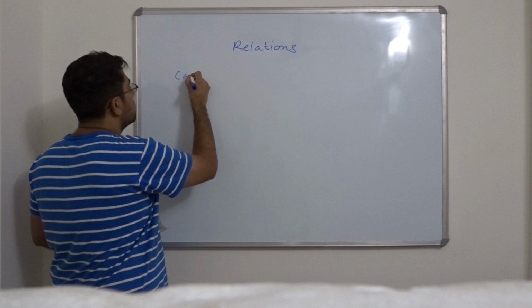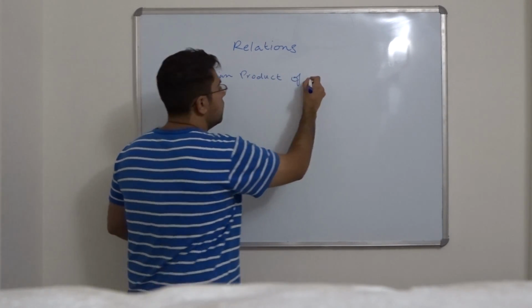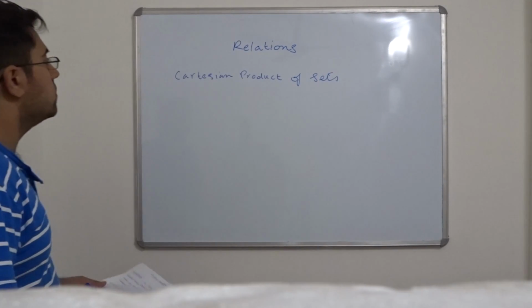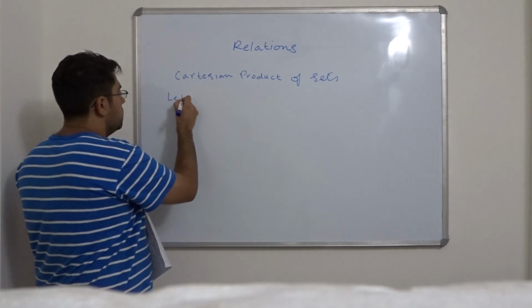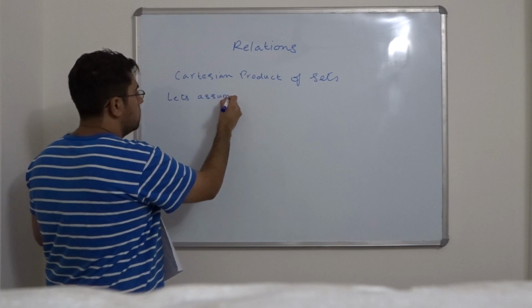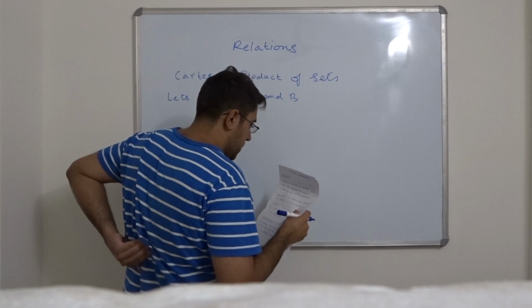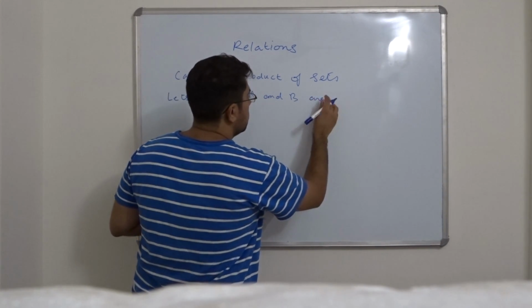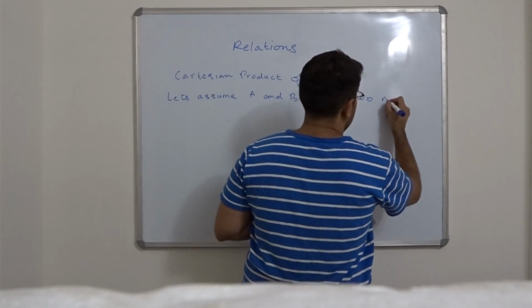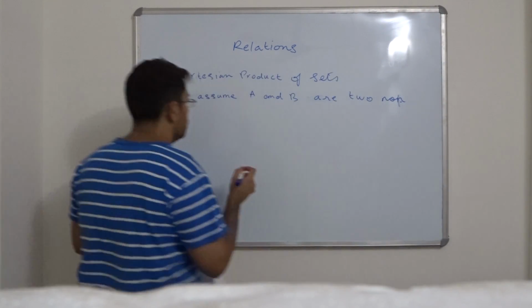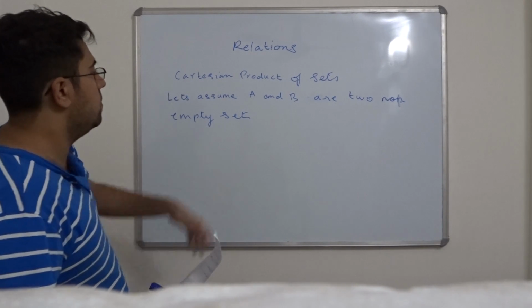The Cartesian product of sets. Let's assume A and B are two non-empty sets.